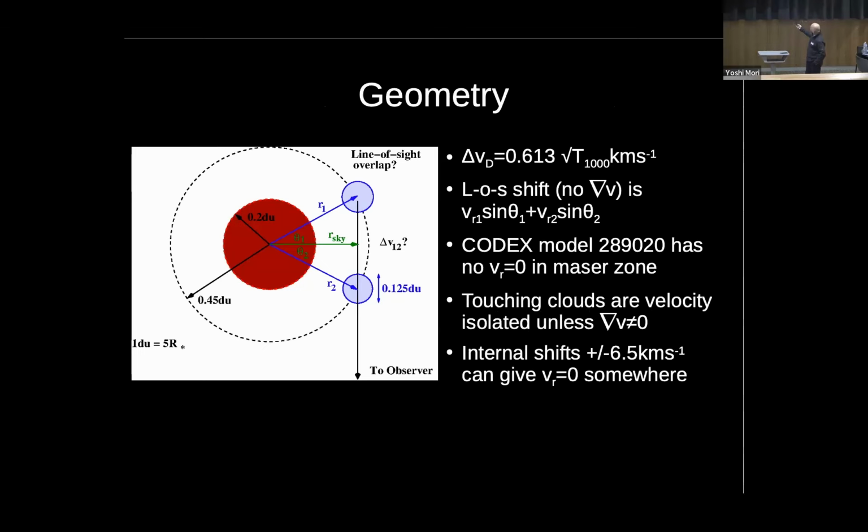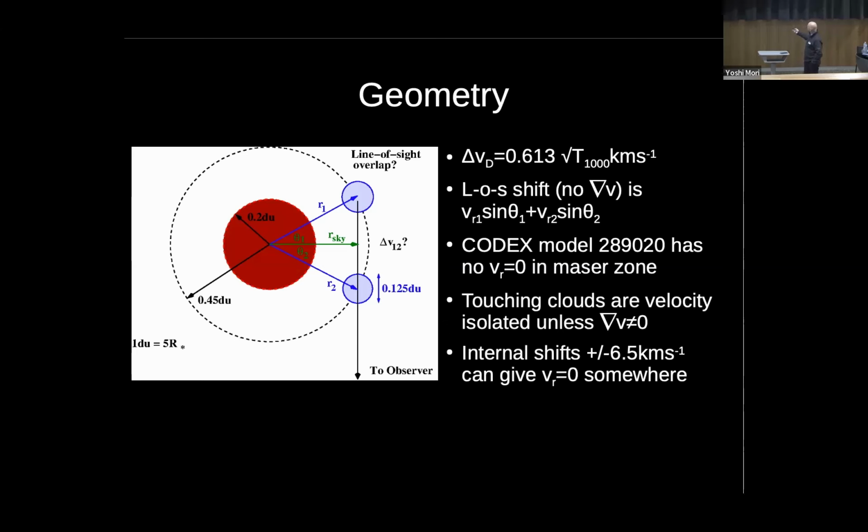So can you say anything about the velocity difference between these clouds? The Doppler velocity is not all that big. So if you take just the notional centers of these clouds, can you actually say whether they're velocity isolated or not?